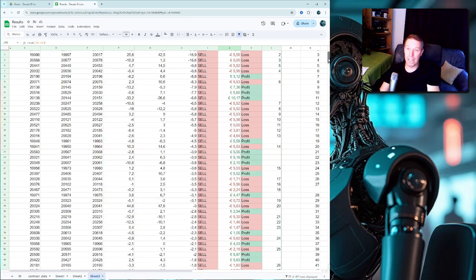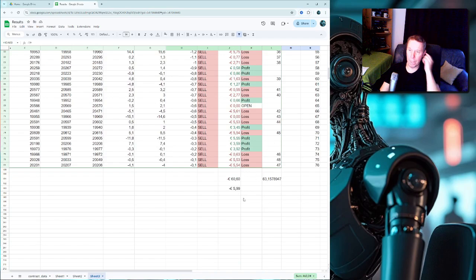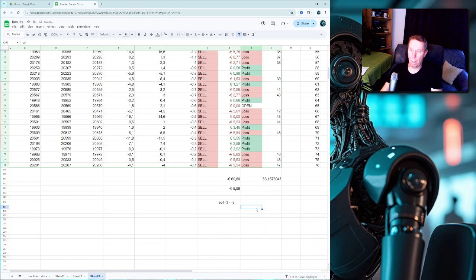Wow. English as second language. So I'm gonna take a note for myself right now. So for the sell, I need a region from -3 till a maximum of -8 in the histogram.